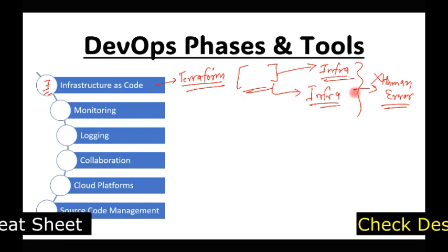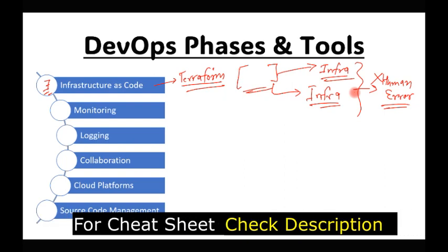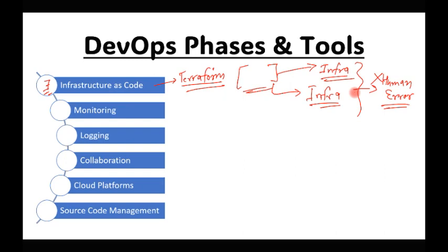We can use Terraform for managing and provisioning infrastructure and version controlling infrastructure code. In real time, we can provision any resources in any cloud platform through this particular tool. Terraform defines infrastructure resources, like we can create servers, networks, and databases.